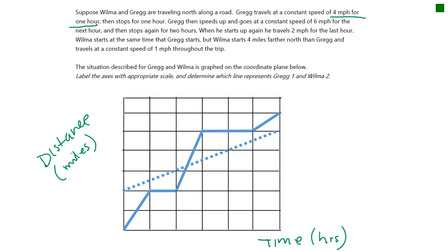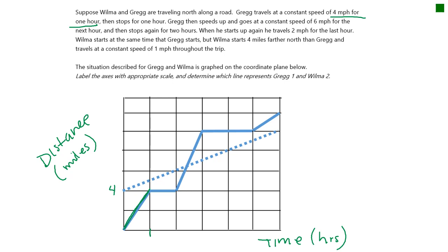Okay, and they told you he traveled at a constant speed of 4 miles per hour for 1 hour. Just on the graph, I can see that this line right here is the 4 miles per hour. That means that this has to be the very first hour, and this has to be the 4 miles.